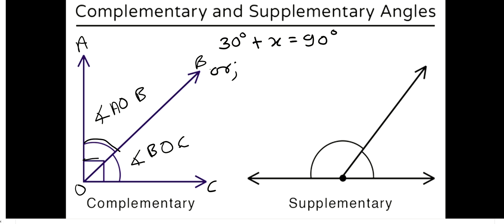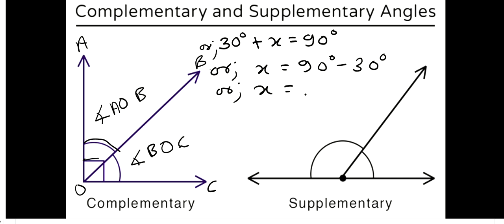From the laws of algebra, the 30 degrees will go to the other side and become subtraction, because we have the plus sign on this side, and when it goes to the other side it's minus. So it's 90 minus 30, which is 60 degrees. Therefore, the complementary angle for 30 degrees is 60 degrees. So when two angles sum to 90 degrees, they are called complementary angles.